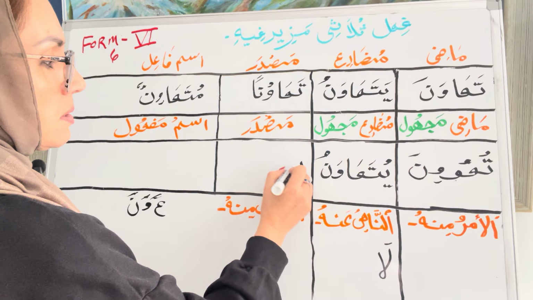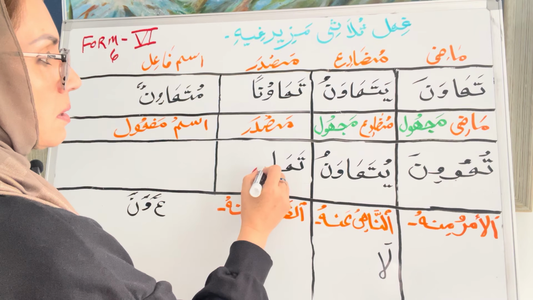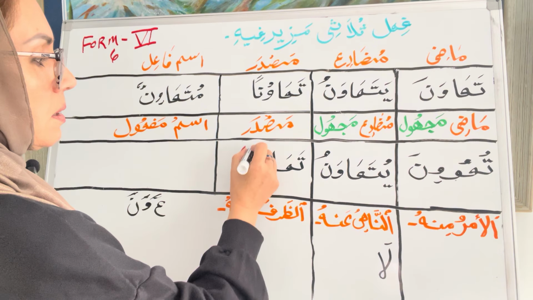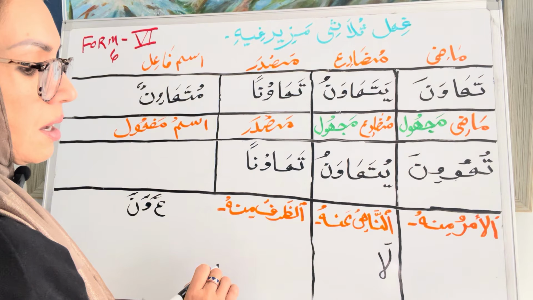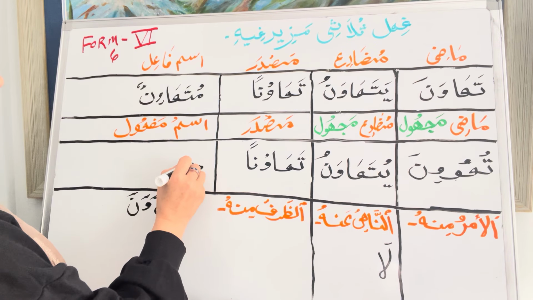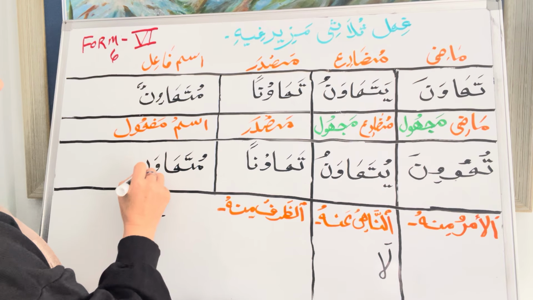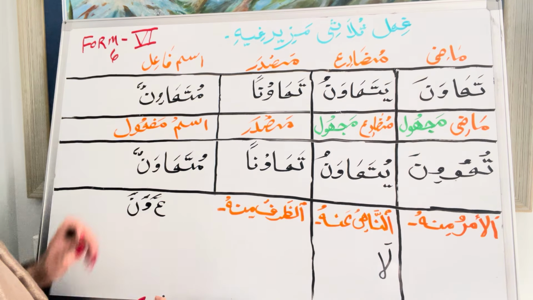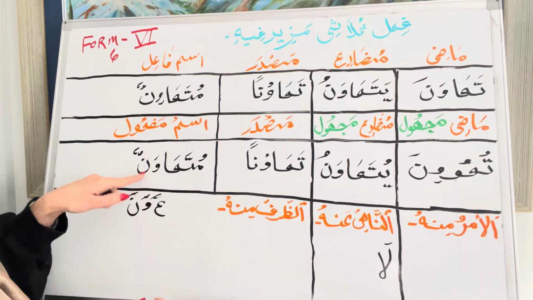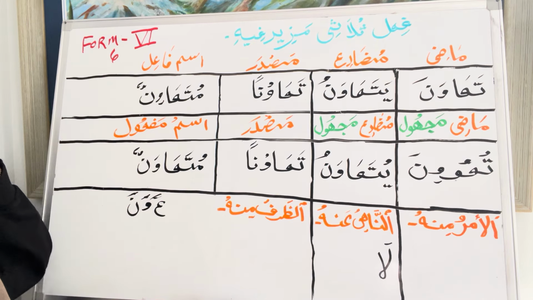Ta'awunan is the same thing. Muta'awanun. Muta'awinun, muta'awanun. It's always kasra here, fatha here.